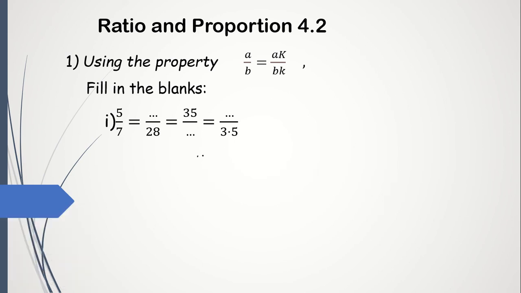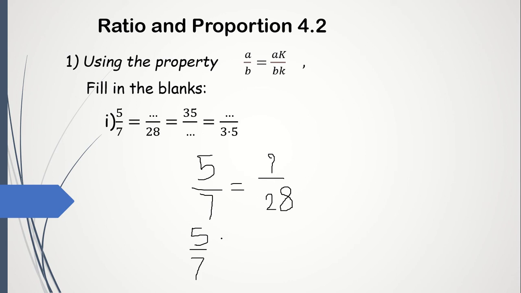Now here we will only concentrate on the first part. 5 upon 7 is equal to a blank upon 28. You could put an x here, cross multiply and find the value of x.